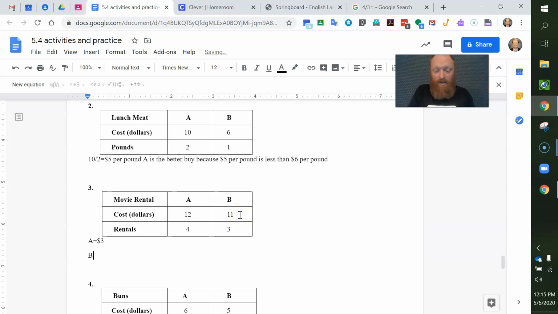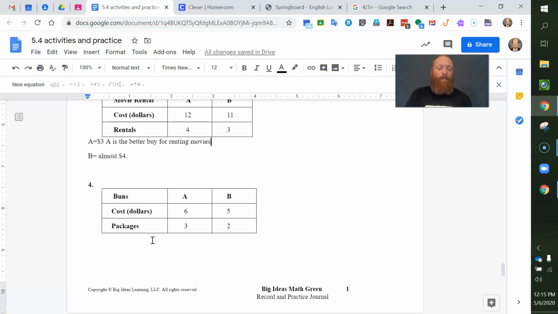So B is equal to almost $4. So which is the better buy? A. A is the better buy for renting movies.